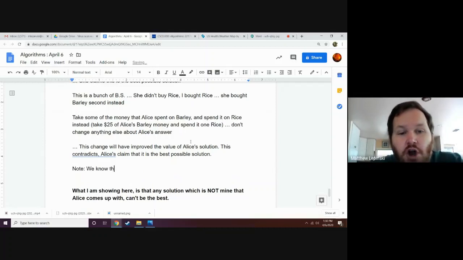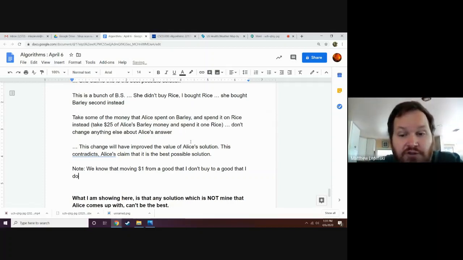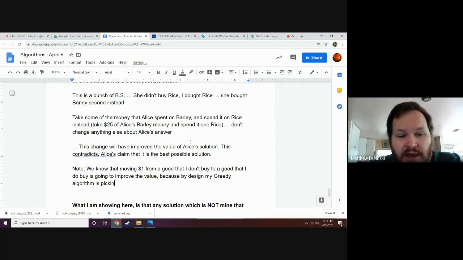Note, we know that moving, say, $1 from a good that I don't buy to a good that I do buy is going to improve the value, because by design, my greedy algorithm is picking the highest value per dollar at each step.